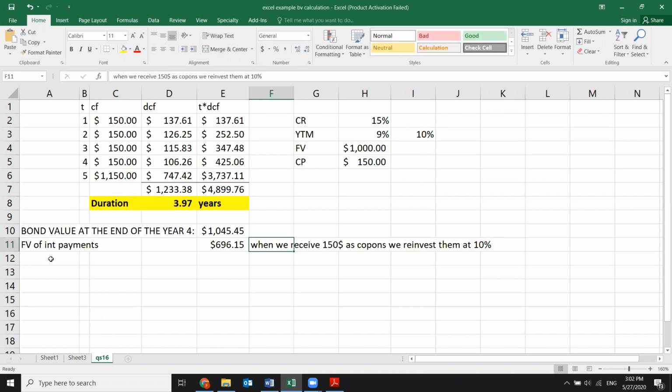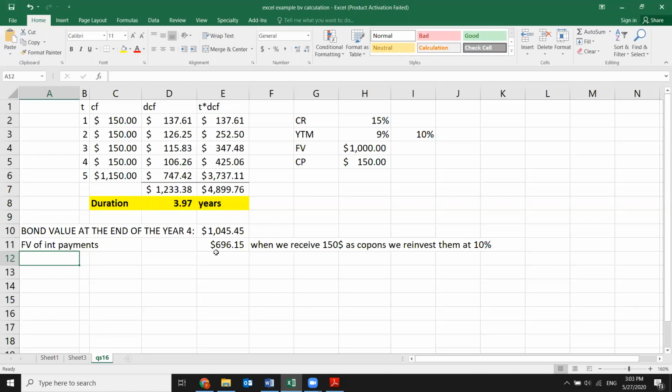Now, we calculated how much we are going to get when we receive 150 as coupons and then reinvest them. And the last stage, what we do here, we should come up with the value of the bond in the year of 4. So we calculated it, which is $1,045, and the coupon interest payments.